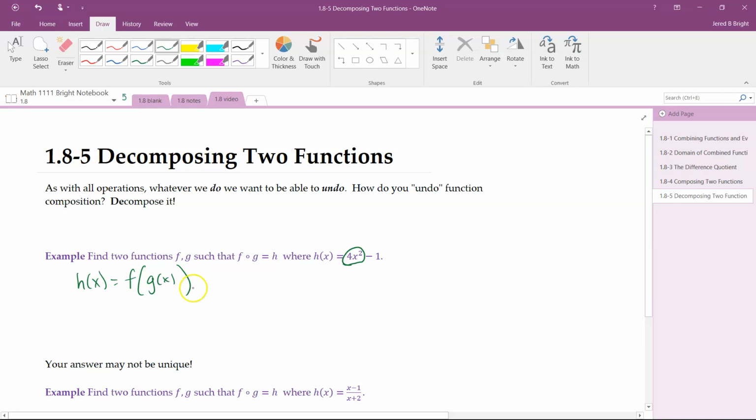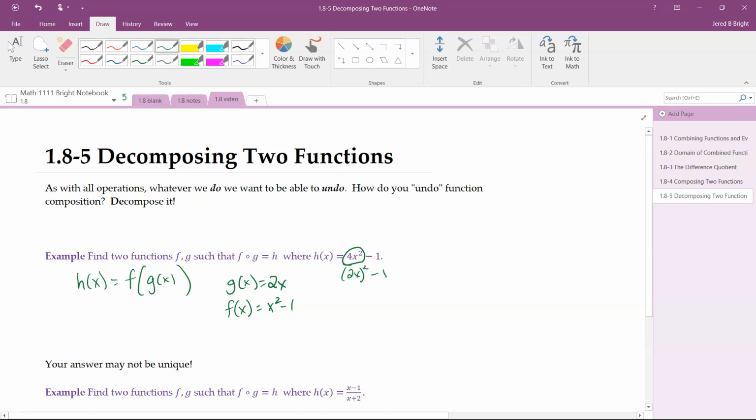It so happens that here, the choice for g of x I am going to make is 2x. Because if I think of f as x squared minus 1, this is really the same as 2x squared minus 1. So I could do that.